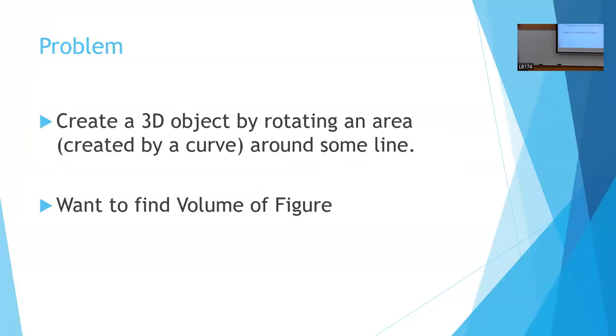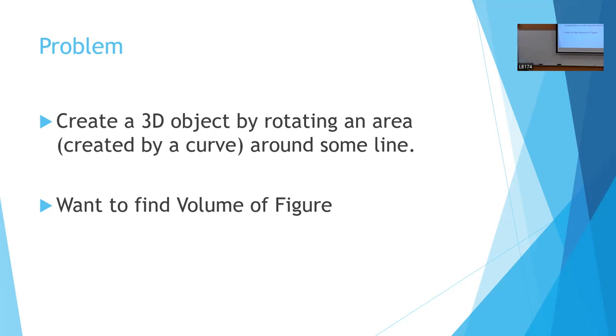So those areas that I was looking at, I'm going to take one of those areas and rotate it around some line. Every line in 7.2 will either be a horizontal line or a vertical line. There are more advanced methods to rotate around different lines, but we don't do that.